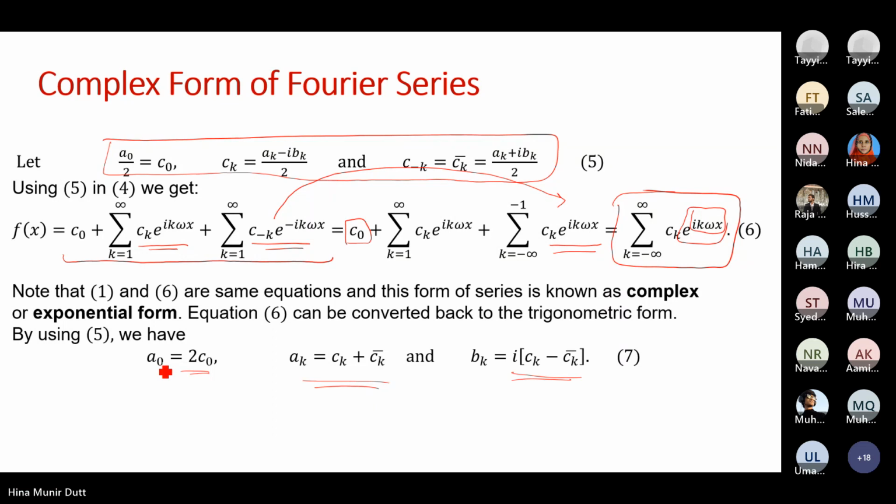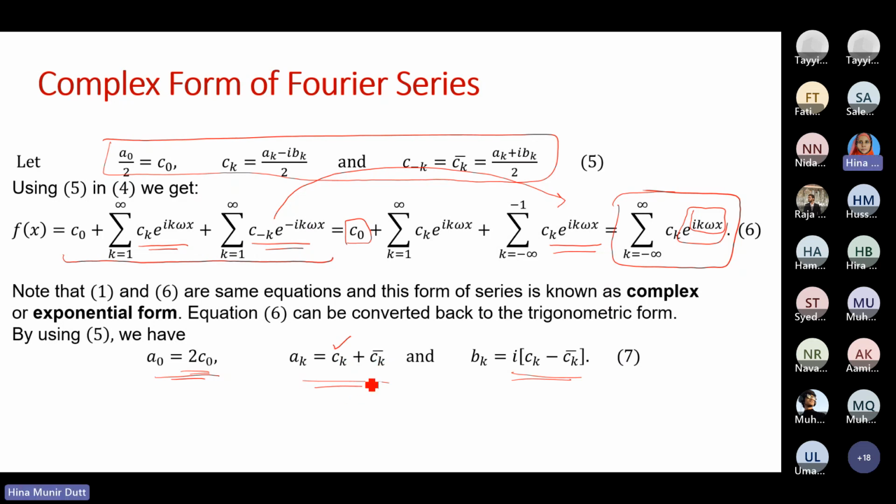You have to remember that these coefficients A naught, AK, and BK are real numbers, but these CK can be real, they can be pure imaginary, and they can be a complex number consisting of both real and imaginary part, as you can see.